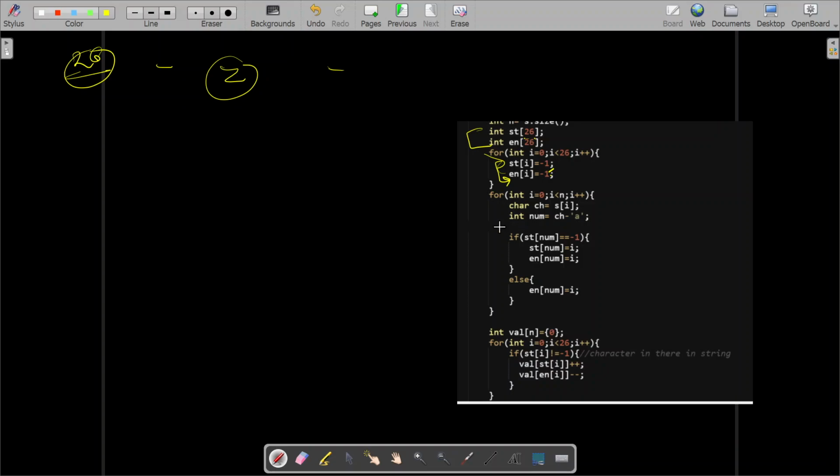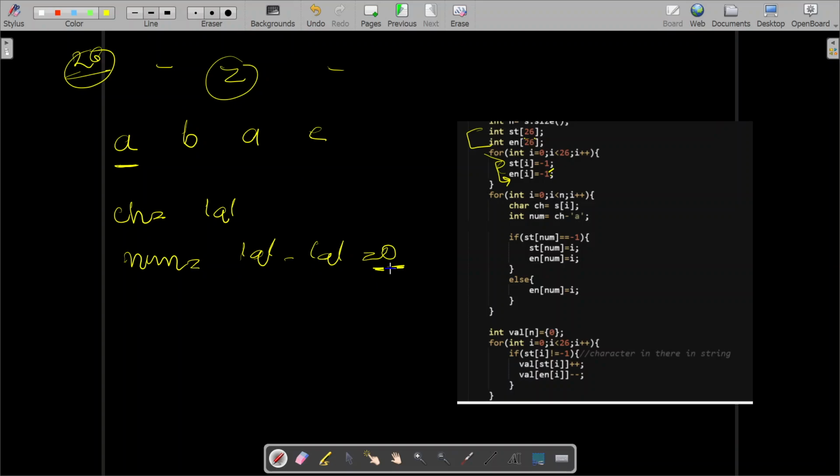Okay, so suppose the string is a b a c. Now the character is a, and we made an array of integers, so I subtract character a. So now num will be 0, a minus a is 0.